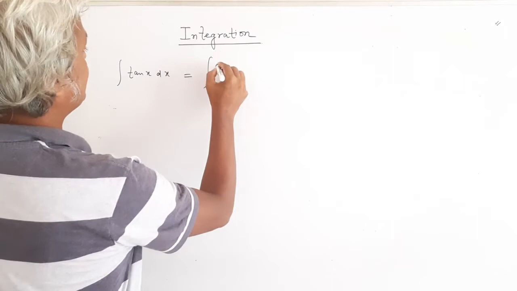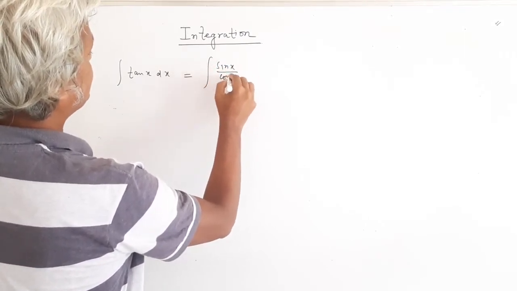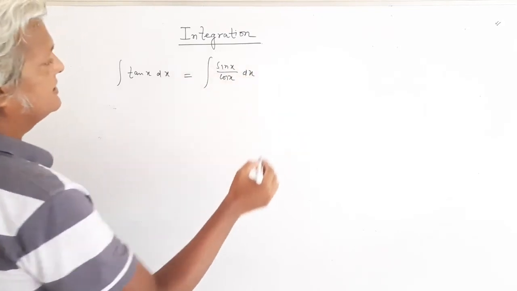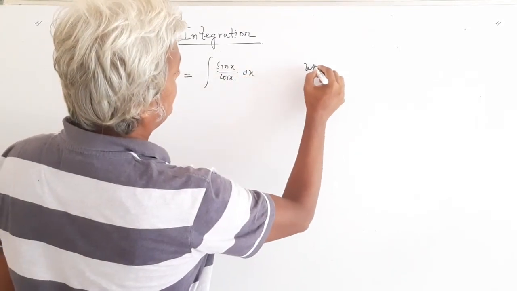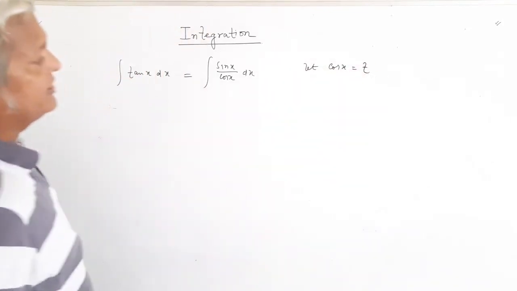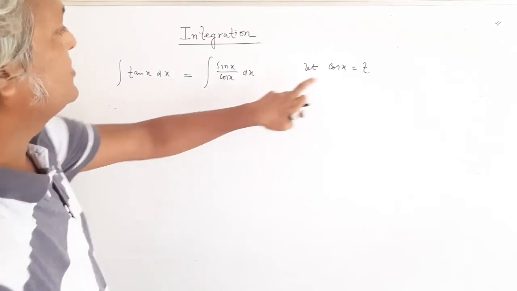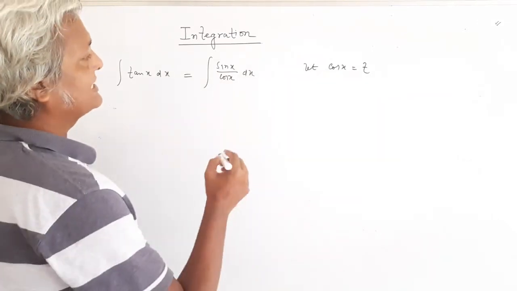Like tan x dx can be written as sin x upon cos x dx. Here you let cos x equal to t, that is, this denominator cos x equal to t. Then differentiate this one with respect to x.